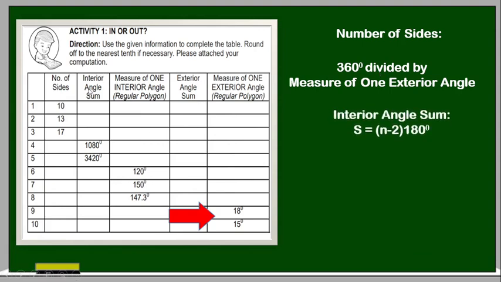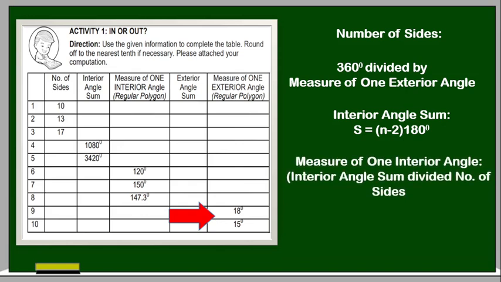Next, for the interior angle sum, the second column, use the formula: the computed number of sides minus 2, multiplied by 180 degrees.